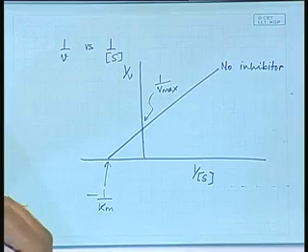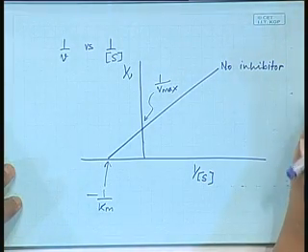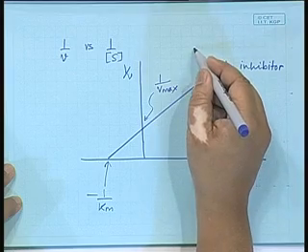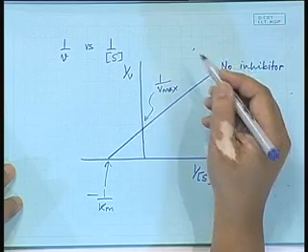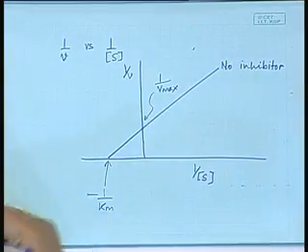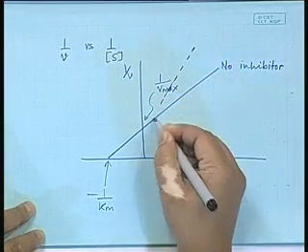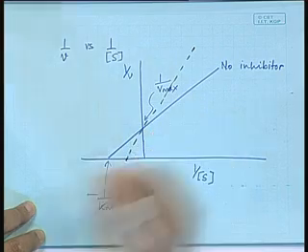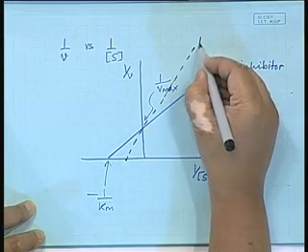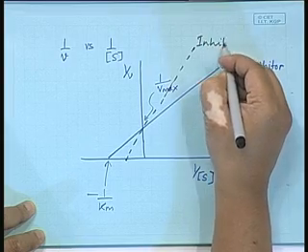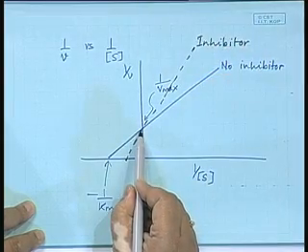Now tell me, the slope will? The slope increases, but the Vmax is the same. So, let us use it. Right? So, I have inhibitor now. I have the same Vmax.